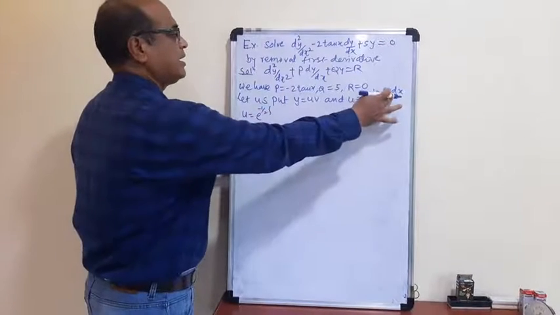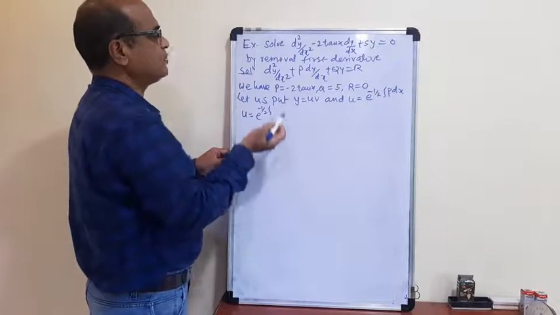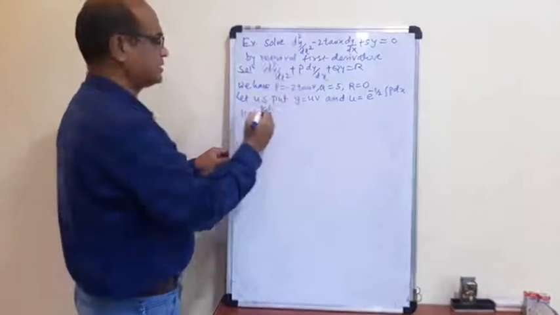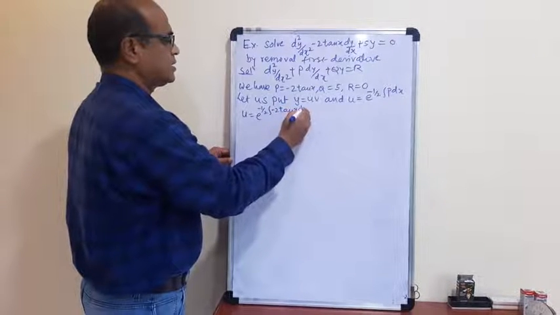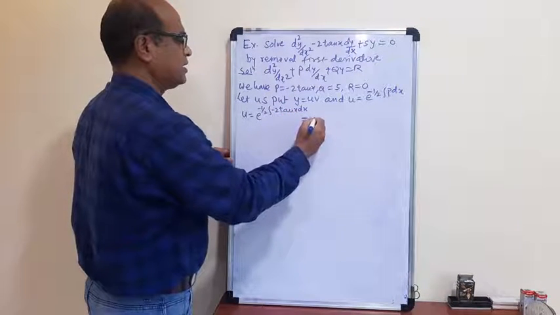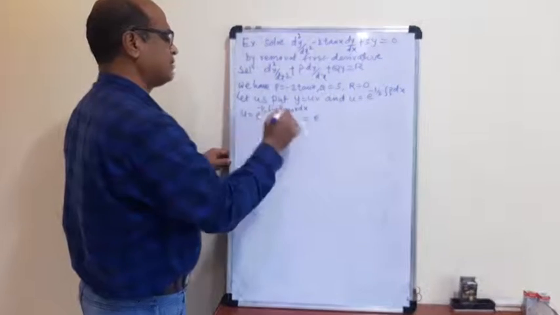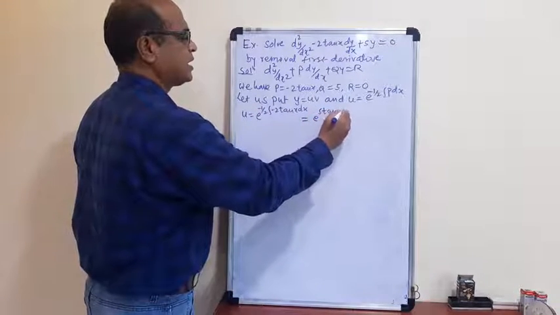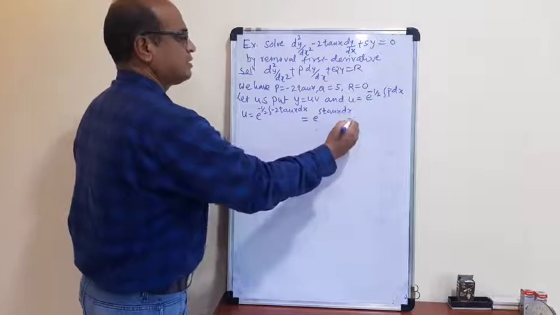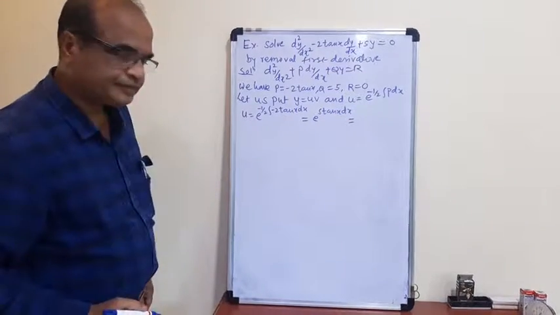integration of p dx. What is p? P is minus 2 tan x. So this is equal to e raised to, the 2 gets cancelled, minus times minus gives plus, integration of tan x dx. So what is the integration of tan x?